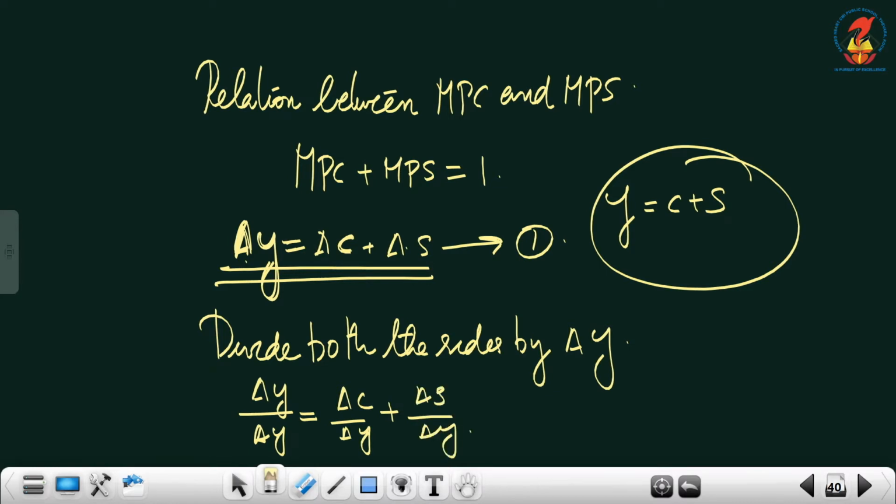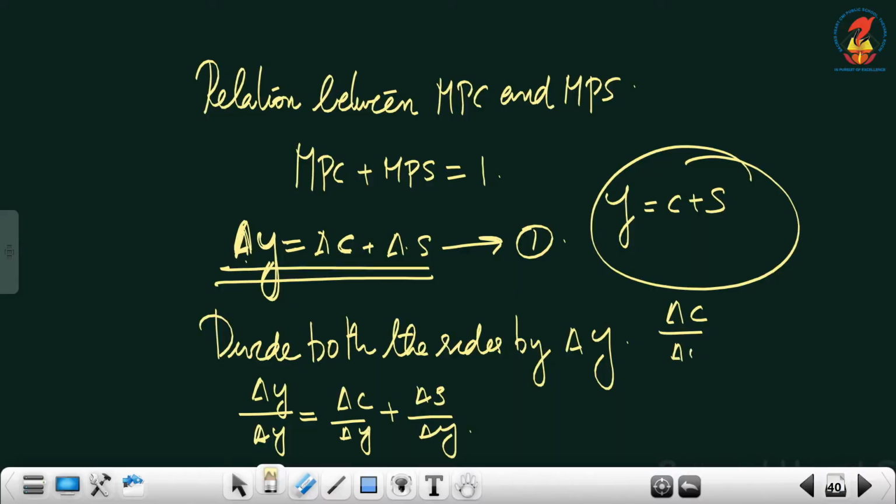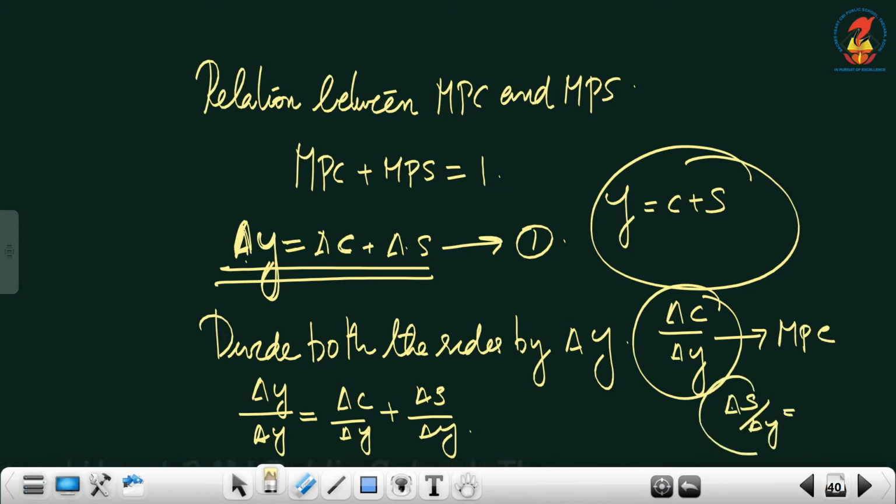This is what you get. Now you all know delta C by delta y. What is that actually? Ratio of change in consumption to change in income. That is MPC. What is delta S by delta y? Ratio of change in saving to a change in the income.